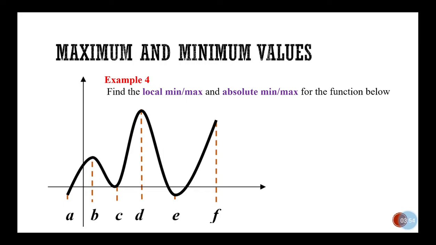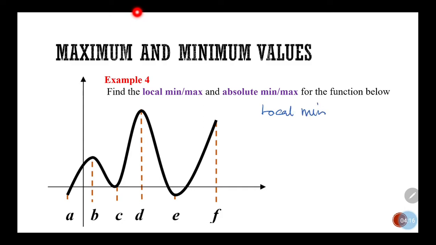Okay, the question asks you, example 4, find the local minimum, local maximum, absolute maximum for the function below. So we have x equals a, b, c, d, e, and f. Okay, so can you give me local minimum?